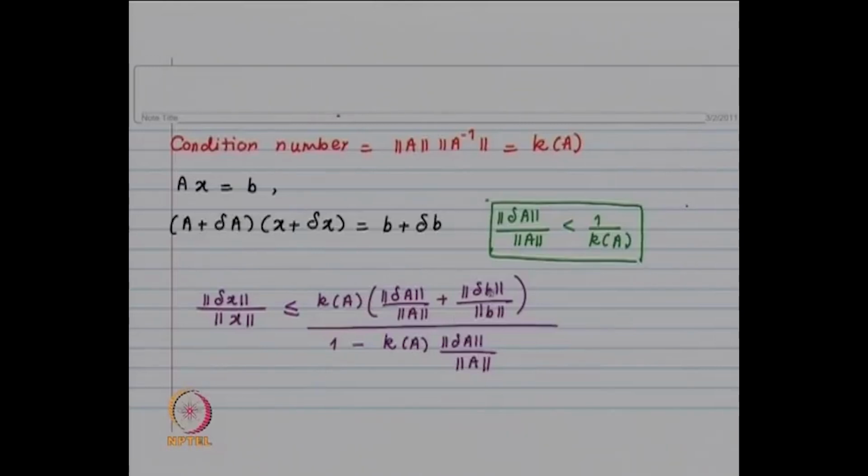If norm delta b is equal to 0, that means only perturbation in the coefficient matrix, then you have condition number of A multiplied by norm delta A by norm A divided by 1 minus condition number of A into norm delta A by norm A. And if there is perturbation in both the coefficient matrix and right hand side, then this is the result.